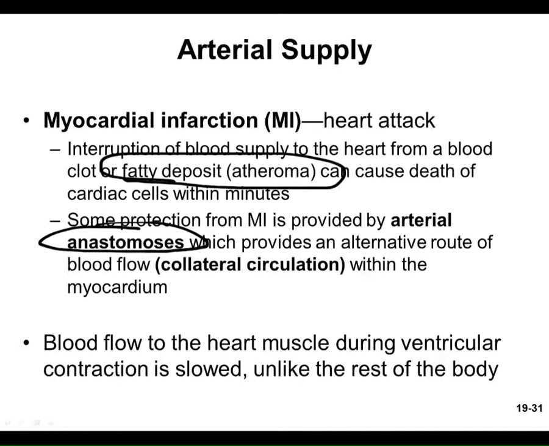So that if you have a small, minor blockage, there may be another way to get oxygen and blood to that particular area of the heart. Because of the arterial anastomoses, because there are alternative routes of blood flow, we can call this collateral circulation, a way of getting blood around an area to another area.